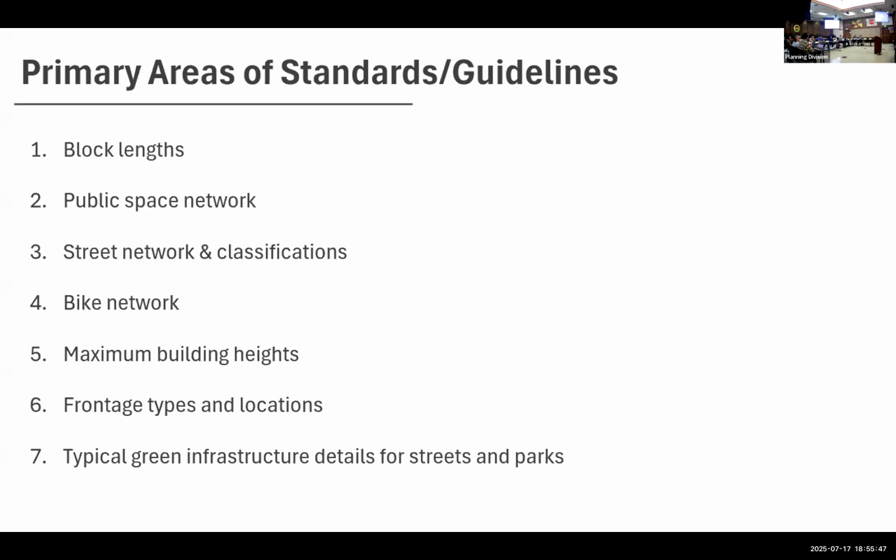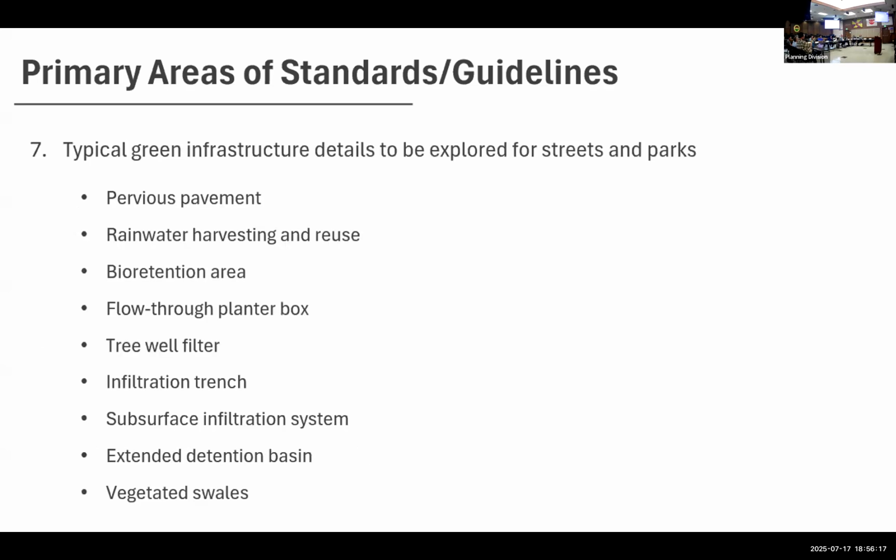Creating a bike network for the plan area. Creating the maximum allowable building heights. And then having frontage types, where we talked about the retail location, the retail frontage requirements, and also potentially identifying key retail-ready locations. And then having typical green infrastructure details for the streets and parks.